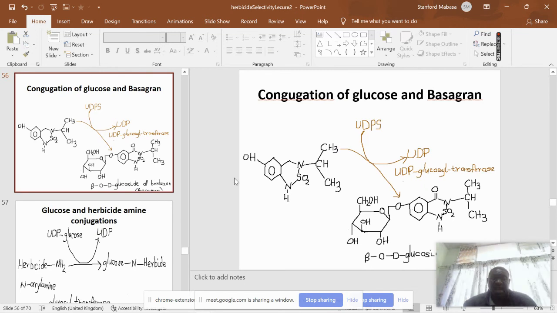This can happen to Basagran if it carries an OH. It can combine with glucose to form this structure, which is moved to the vacuoles. It's the UDPG which can donate the glucose, and you have UDP glucosyl transferase, or just glucosyl transferase enzyme, facilitating the reaction.